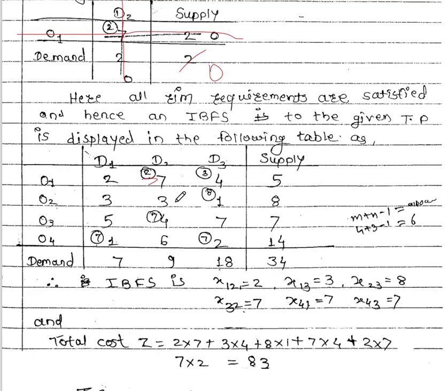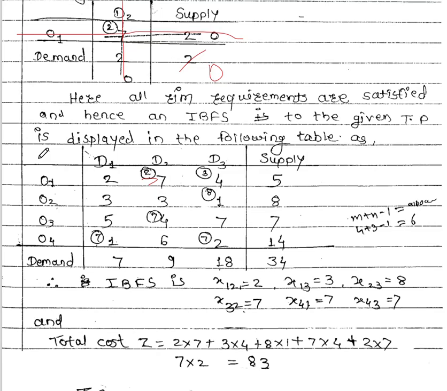Okay, so first we allocated 2 at 7, then we allocated 4 at 3. You can go step by step and find out every allocation of the elements. So we have allocated 2 at 7, 4 at 3, 1 at 8, 4 at 7, 1 at 7, 2 at 7.